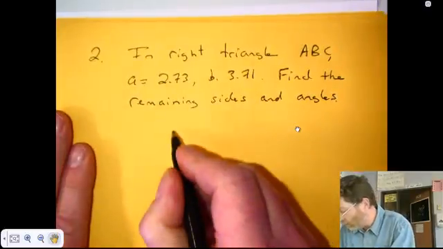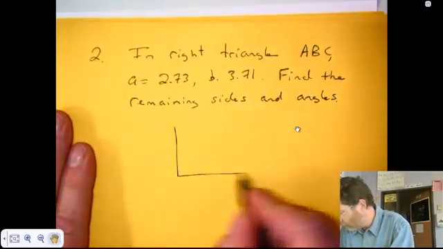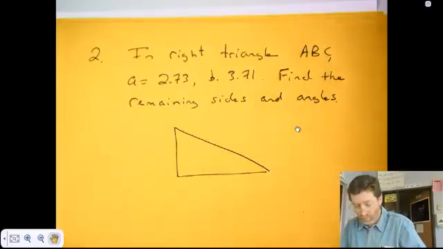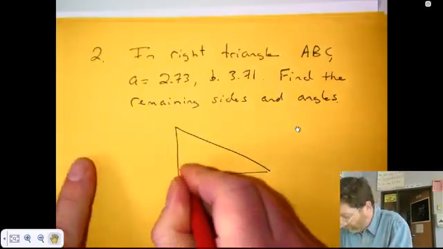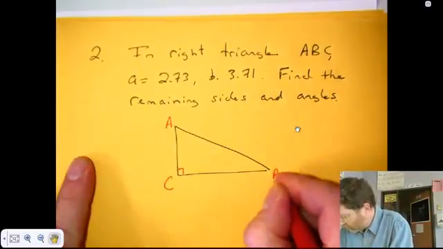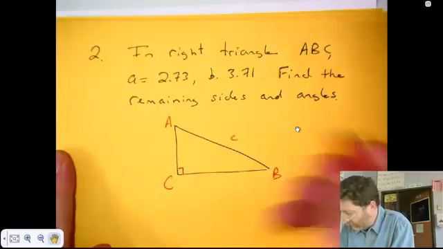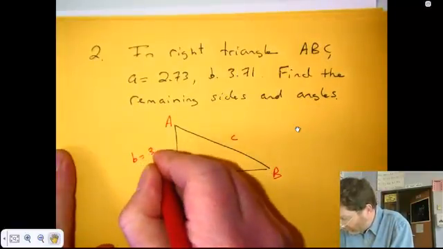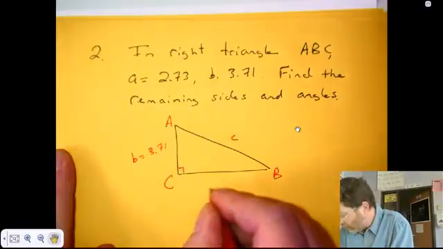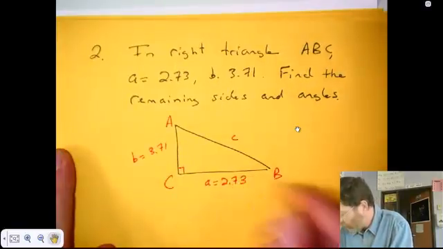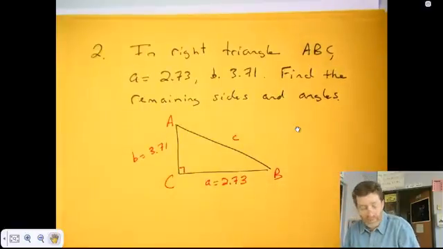So again, draw your standard triangle with that labeled. Always start there. So we've got C, A, and B. Side C. Side B over here, and B was given, right? B was 3.71. And A is 2.73. Okay. So the difference on this one, I have two of the sides.